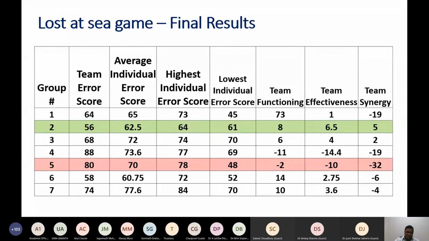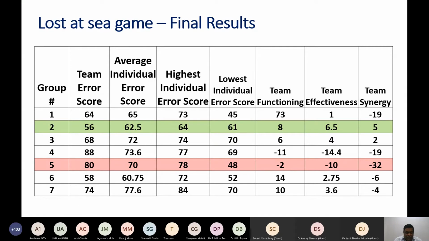Fortunately, in this class, one of the groups got plus 5 as the synergy score. How can this happen? If you analyze carefully, the average individual error score is 62.5, right?